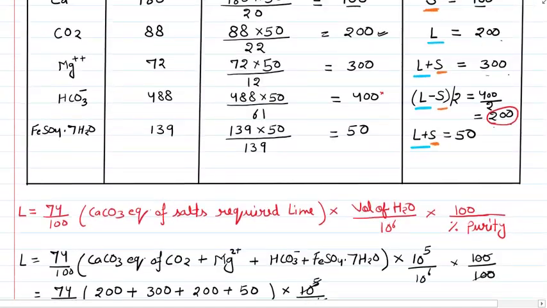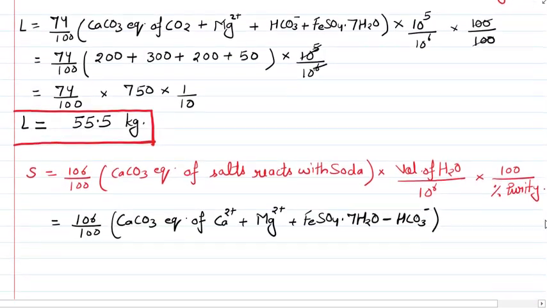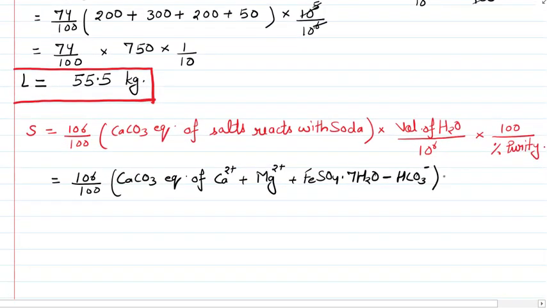Because as we see in our table, here is L minus S by 2. That means we will add L but subtract the amount of bicarbonate into the requirement of soda. Multiplied by volume, that is 10 raised to the power 5 divided by 10 raised to the power 6 into 100 upon percent purity. We will consider it as 100. 100 and 100 cancel.